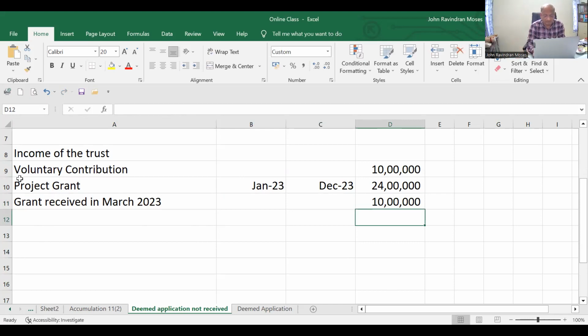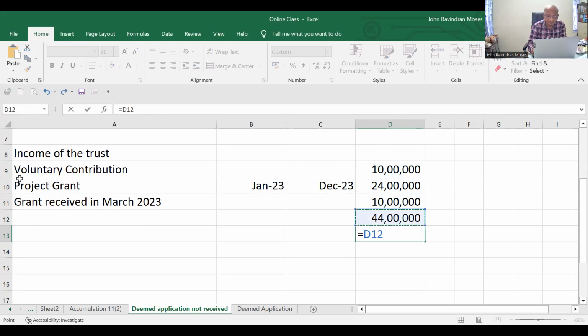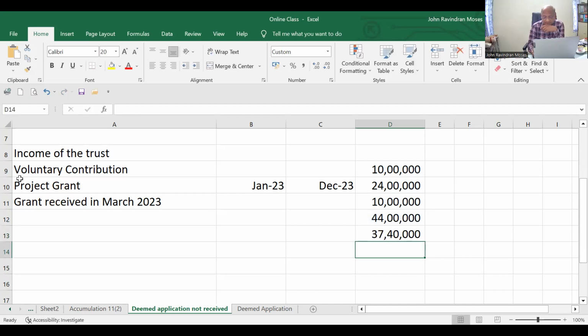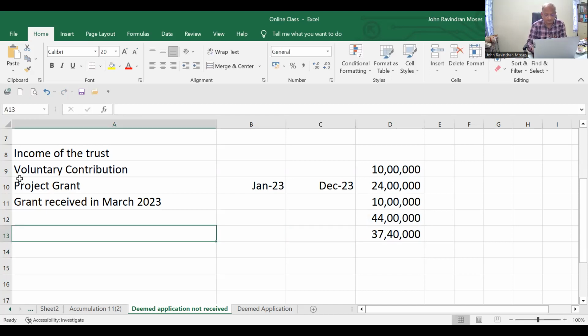But what the law says is you need to apply 85% of this 44 lakhs, which is 37 lakhs 40,000 rupees. You need to apply that.